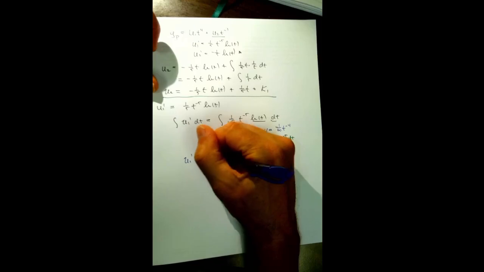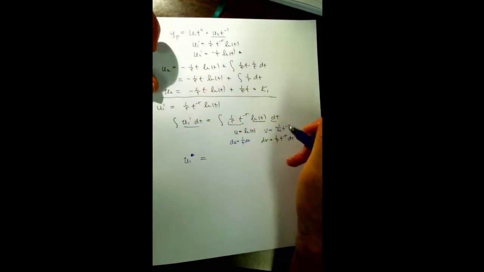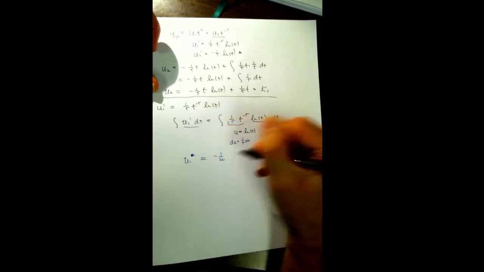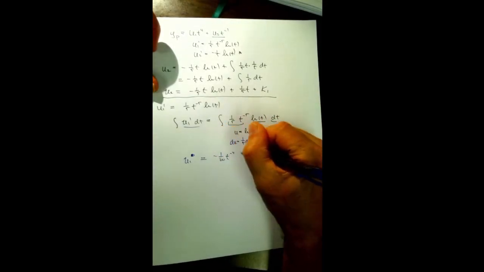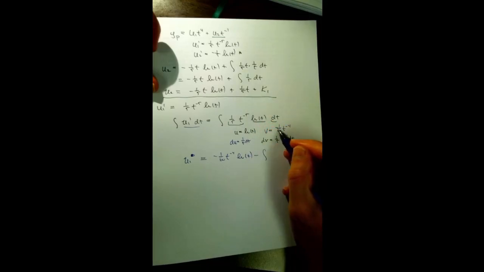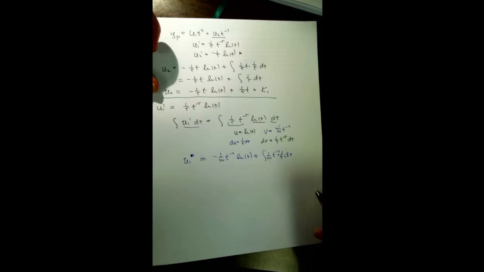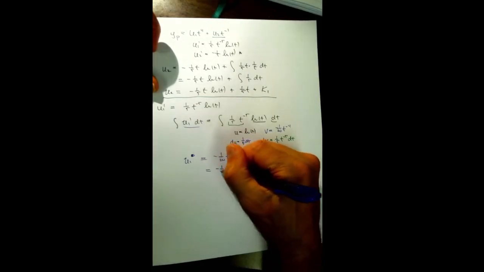So this is just u1 equals uv, so I get minus 1/20th t to the minus 4th log of t minus the integral of v du, but I get a minus sign there, that becomes plus 1/20th t to the minus 4 times 1 over t dt. Let's clean up that mess.